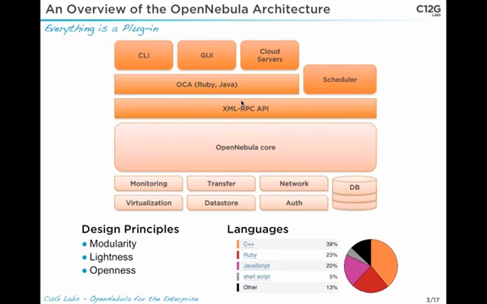Moving on to an overview of the OpenNebula architecture, we can see that everything is oriented to be a plugin. We have the OpenNebula core sitting in the middle, managing abstractions of your physical infrastructure and also of the virtual machines that are running, not only the virtual machines, but the components that make up the virtual machine, like the images, the virtual networks, and obviously the hypervisors that make that happen.